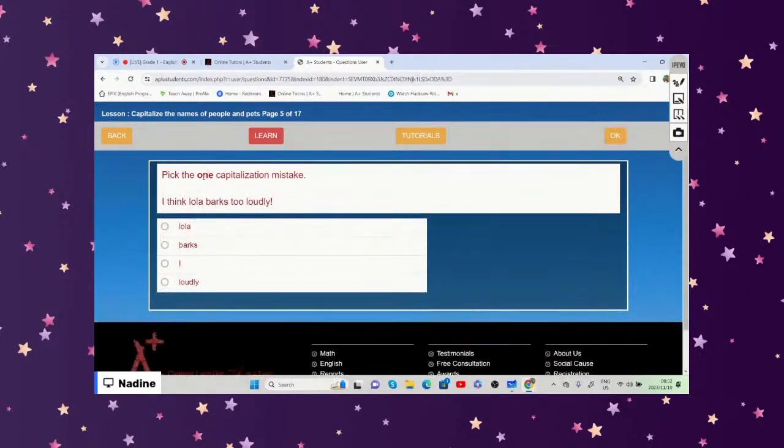And then we need to pick one capitalization mistake. I think Lola barks too loudly. Is it Lola, barks, I, or loudly?